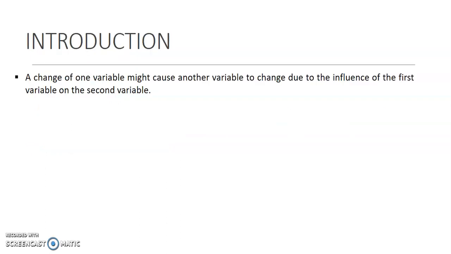As an introduction, before this you learned about variables. In your study or research, you might have more than one variable. Let's say you have 2 variables. A change of one variable might cause another variable to change due to the influence of the first variable on the second variable.